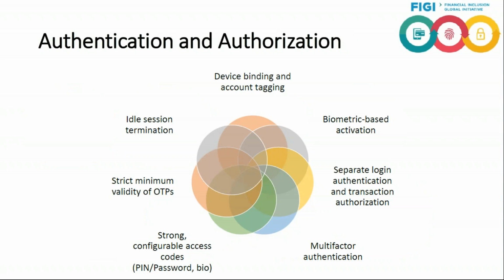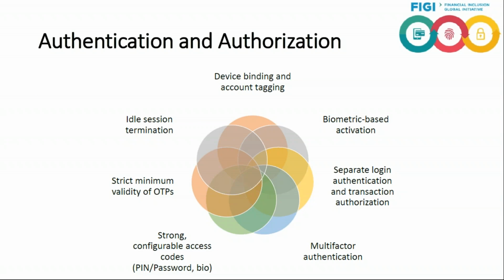Okay, so in this authentication and authorization domain, there are certain controls which we are recommending. Again, technology neutral. We are requiring that once a user downloads an app on his device, the app should be tagged with that particular device and with the customer's account.